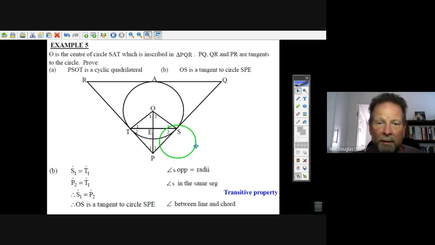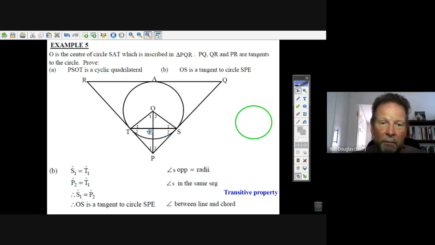Okay, well, let's try this. Let's see what's going on. First one, S1 equals T1. Well, S1 and T1, those are radii. So that's a triangle, equal angles, angles opposite equal radii. So that's the reason there. Now P2 equals T1.